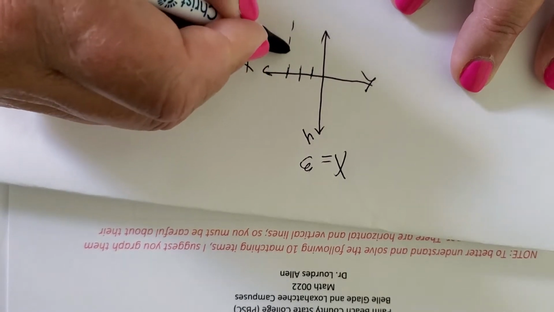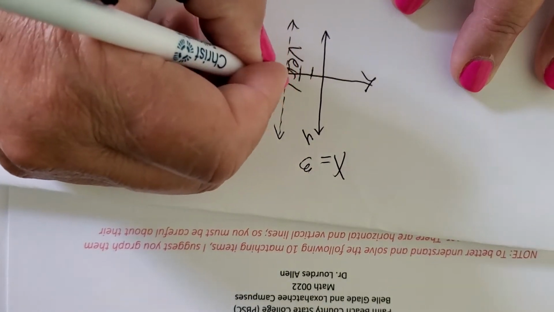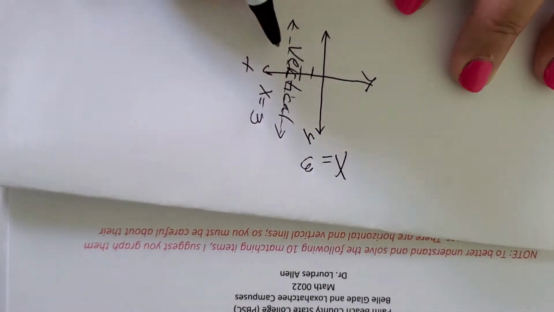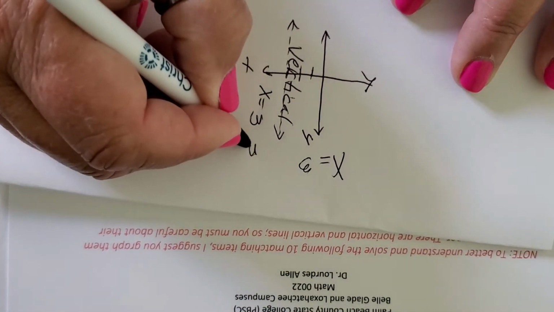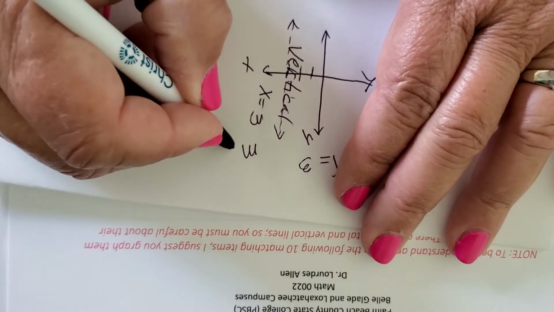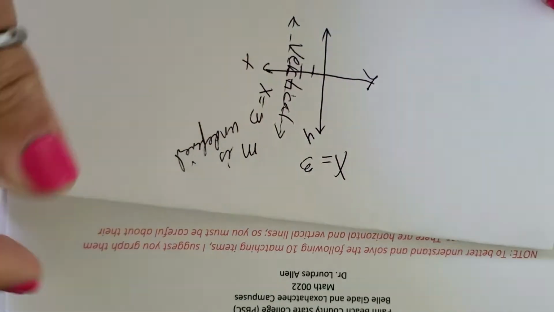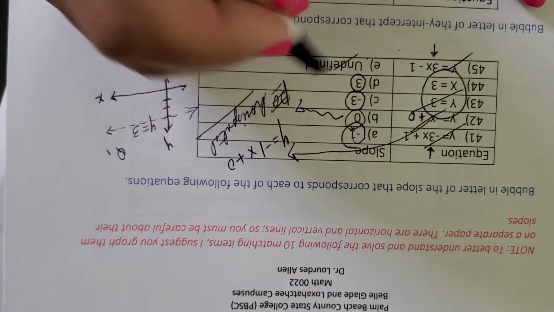That means that the line is vertical. x equals 3 is a vertical line, parallel to the y-axis. When the line is vertical, the slope m is undefined. So the answer here would be letter E. So we're done with this.